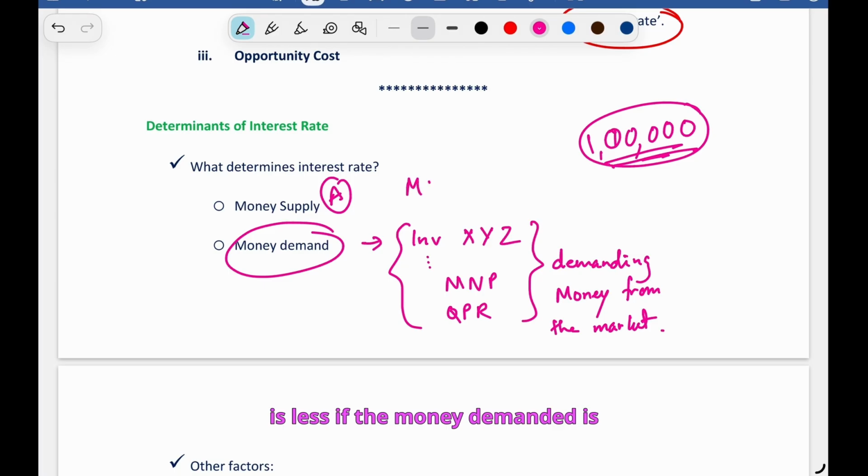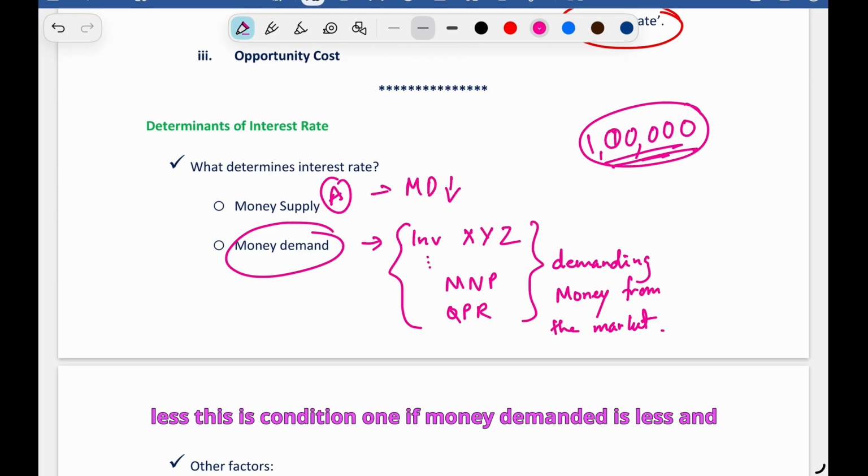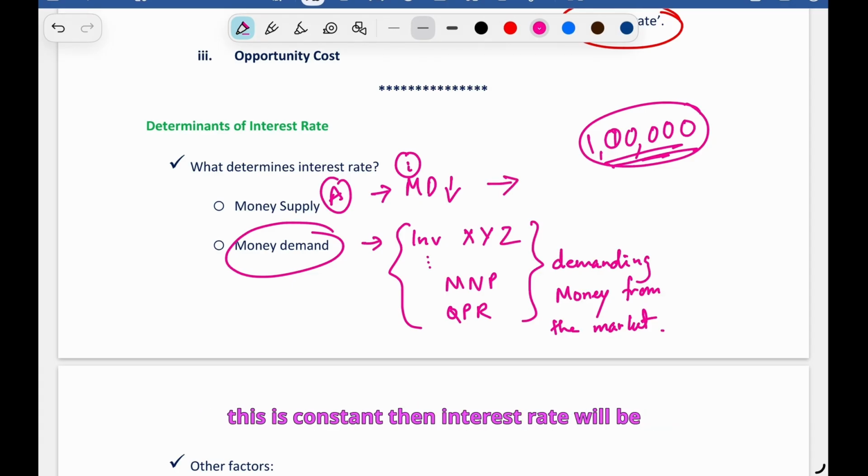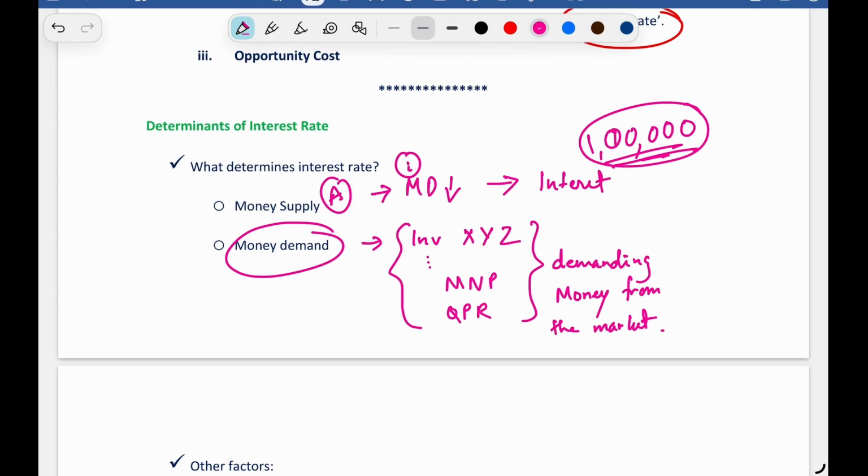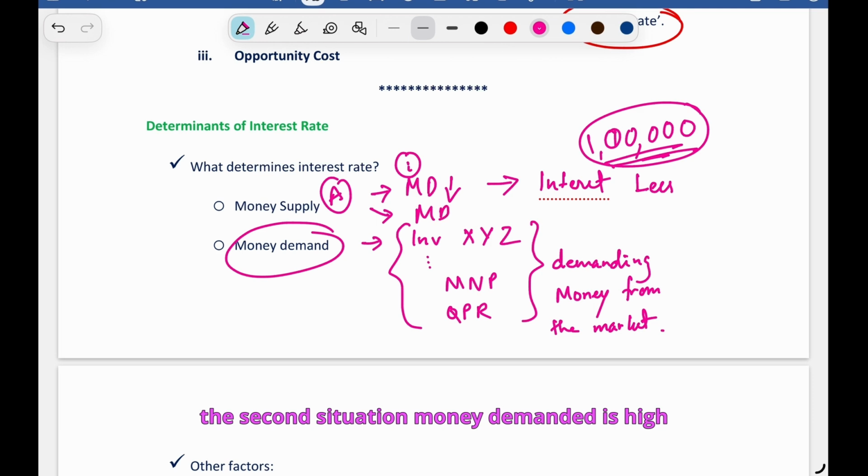If the money demanded is less, this is condition 1. If money demanded is less, and supply is constant, then interest rate will be less. Okay, I'll clear it. But if you see the second situation, money demanded is high, now it will be clear.